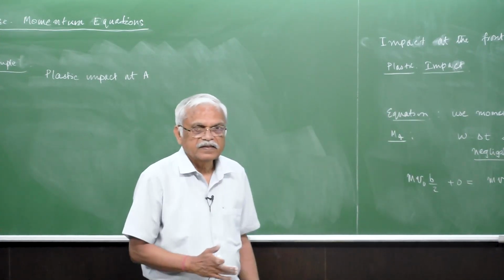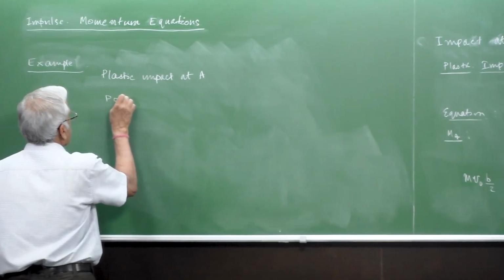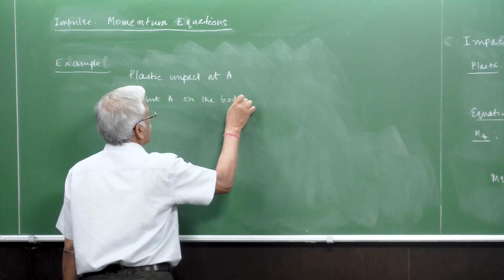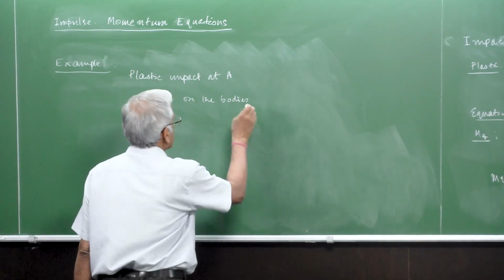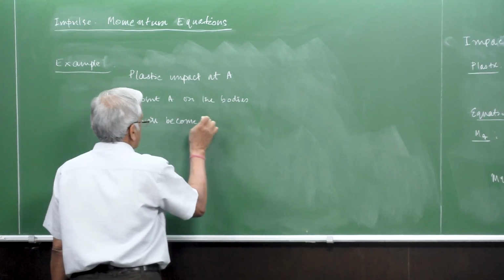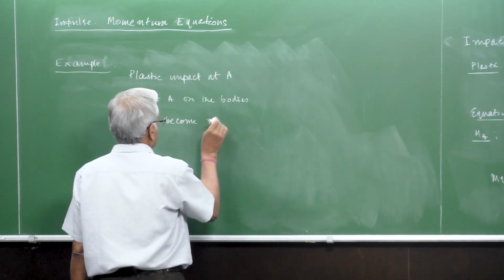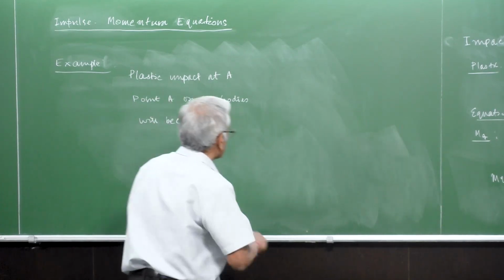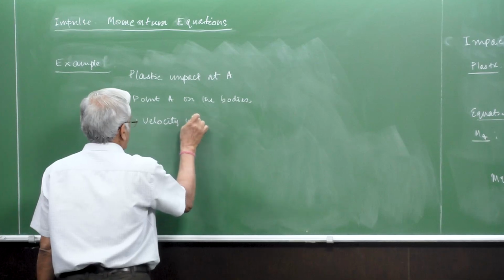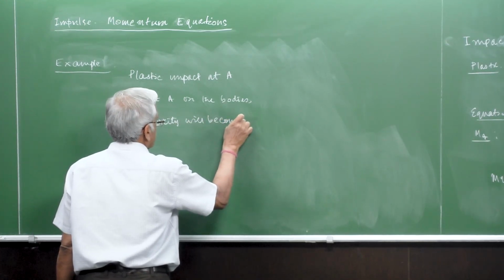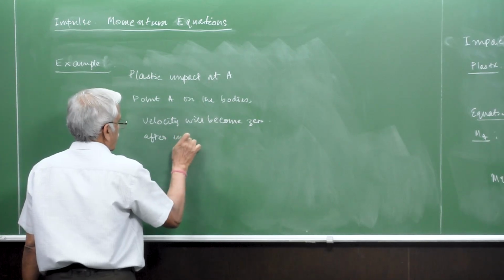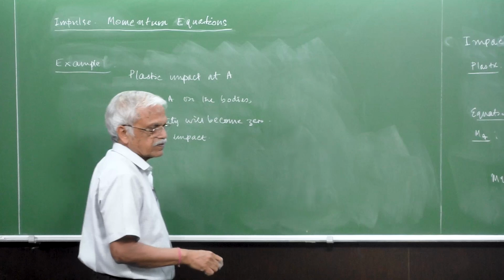So we can say that the velocity of point A on the body will become 0 after impact, because they should have the same velocity after impact.